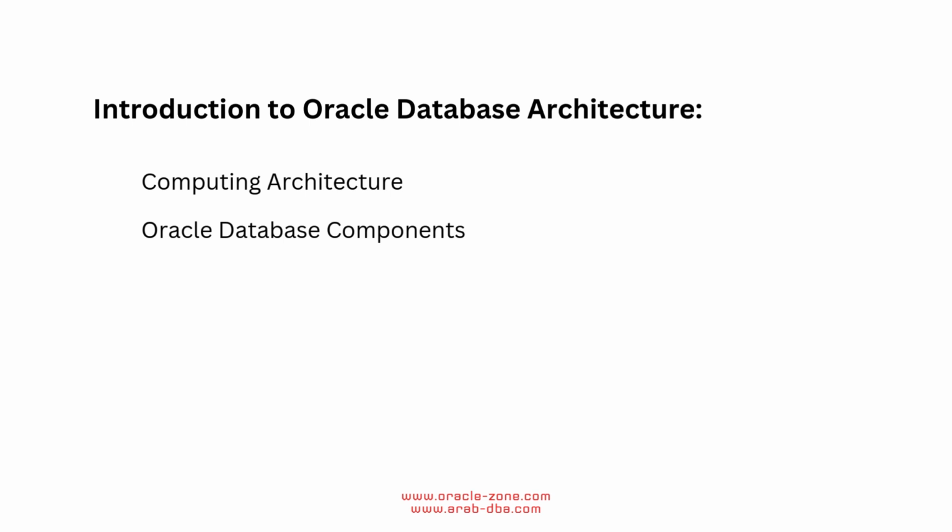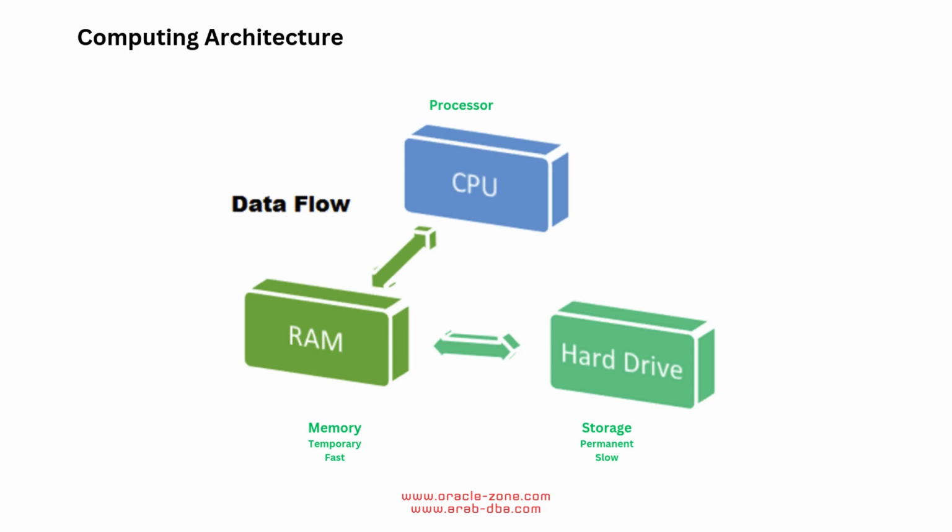All computer systems need three primary components to work. Of course, there are other components, but we will talk about the primary components. The first component is memory, or RAM, which is a temporary storage memory. This means that we lose data in memory after the first restart of the computer.